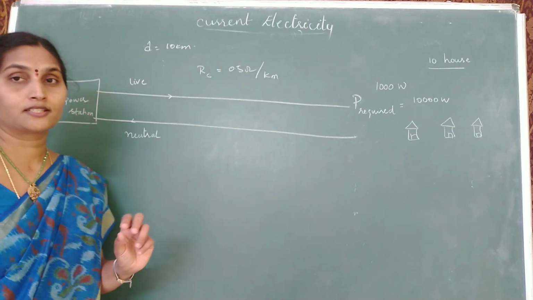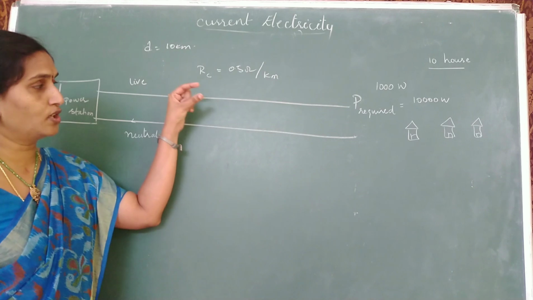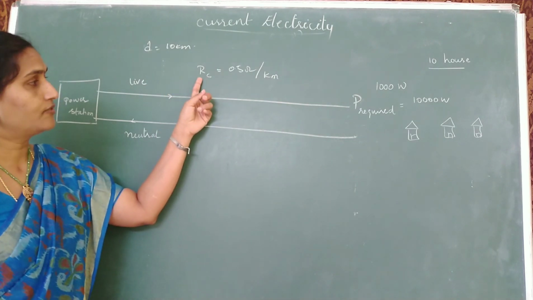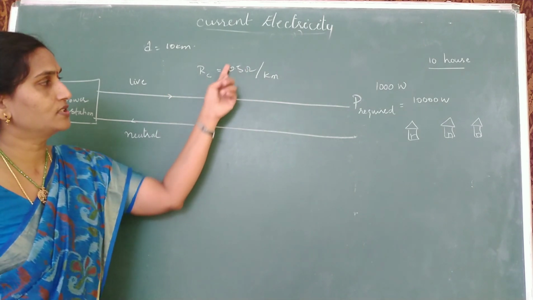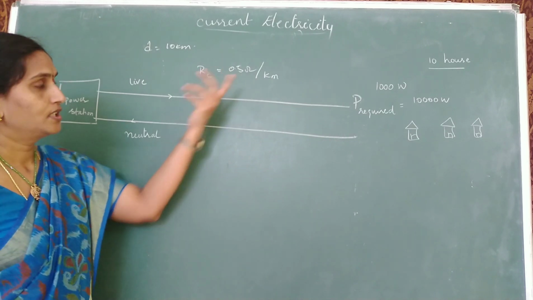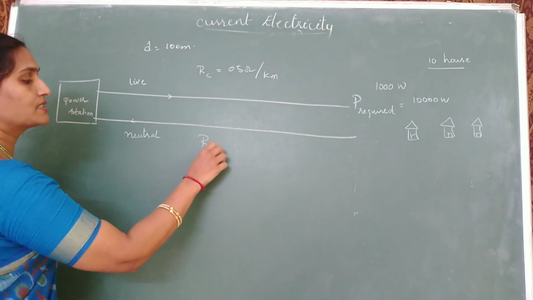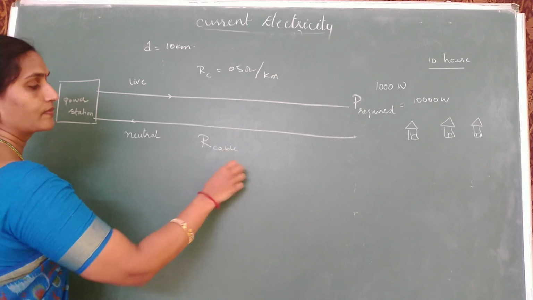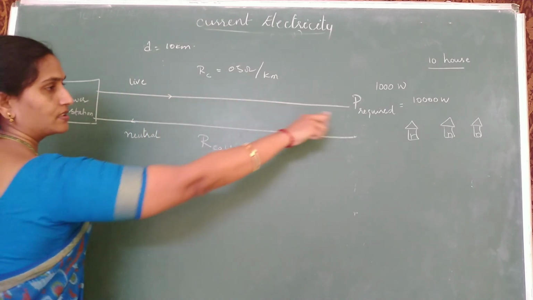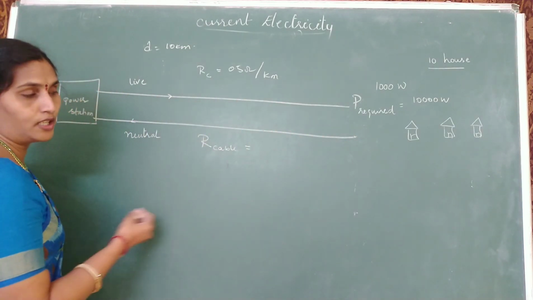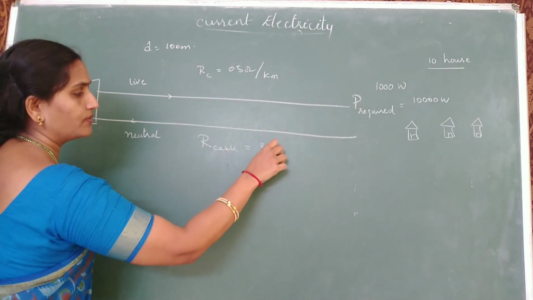We have minimized the resistance because length cannot be decreased, so the area of cross section is increased, and for every kilometer it offers a resistance of 0.5 ohms. So what will be the total resistance of the cables then? 10 kilometers this side and 10 opposite, total 20 kilometers. So 20 into 0.5.